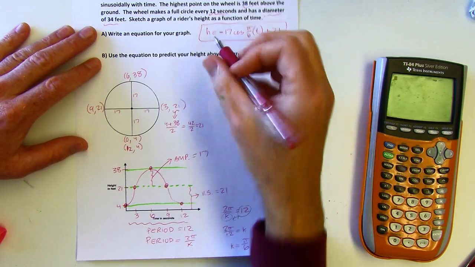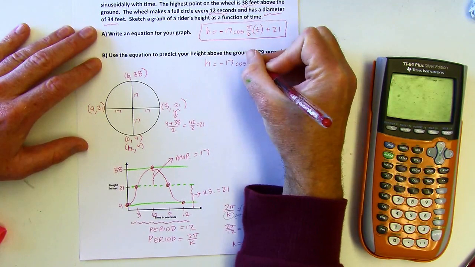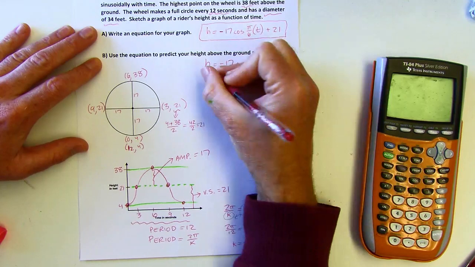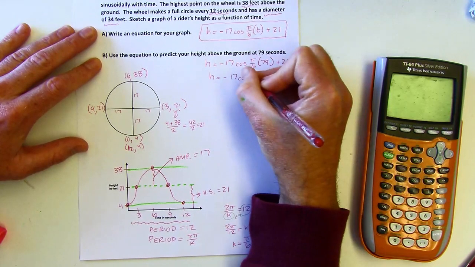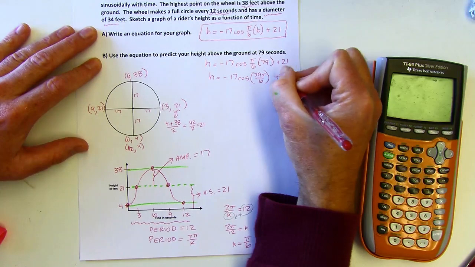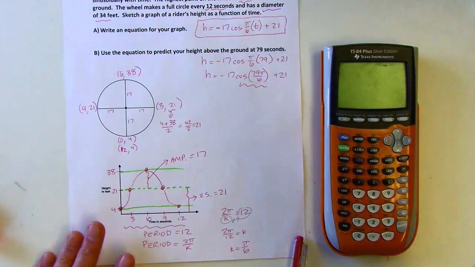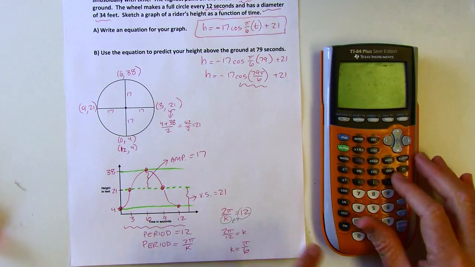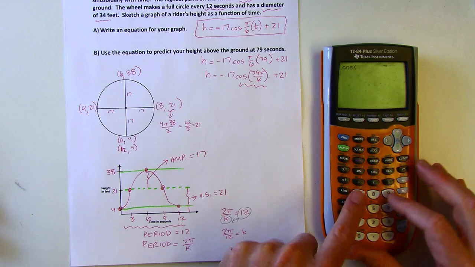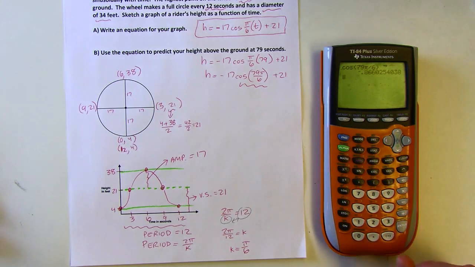Now we're going to predict the height when we've been on the Ferris wheel for 79 seconds. So I'm just going to take that equation I just wrote and put in the 79 there, and simplify that a little bit. I'm going to put this into my calculator. Don't forget to be in radian mode. I already am in radian mode. So let's see, cosine of 79 pi over 6.